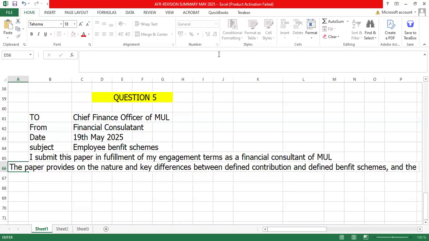And the accounting treatment, isn't it? That is Roman 2. And the accounting treatment of Moore's employee benefit scheme.